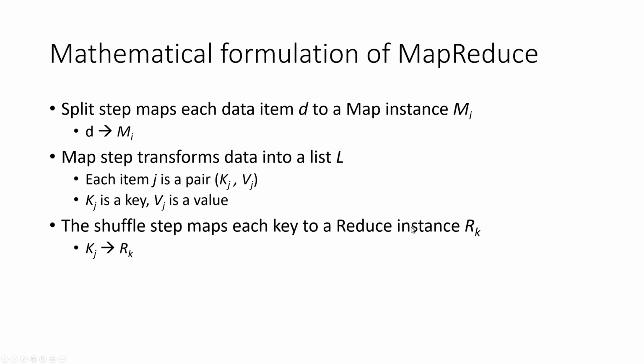Then the shuffle step will take the items generated by the map instances and map them to a reduce instance. So for each value generated by a map instance, the key will determine which reduce instance will handle that key. So the key has a value attached to it, and the reduce instance will need to process this value to compute the aggregate result, but the reduce instance that is in charge of this value is determined by the key.